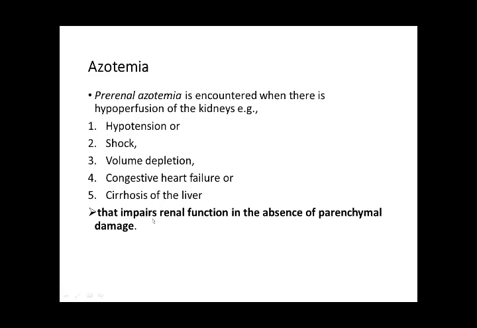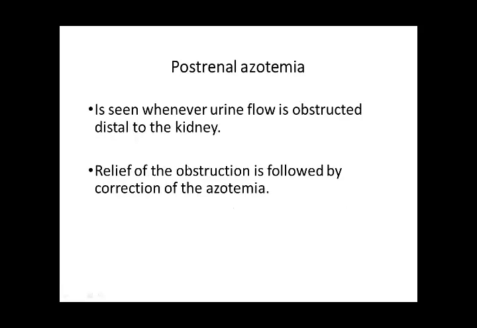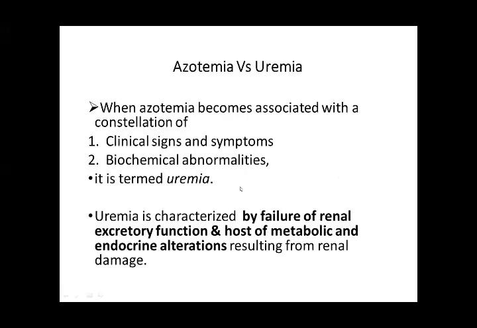But if there is parenchymal damage of the kidney, then it is renal azotemia. Post-renal azotemia is seen whenever urine outflow is obstructed distal to the kidney, and relief of the distal obstruction is followed by the correction of azotemia.